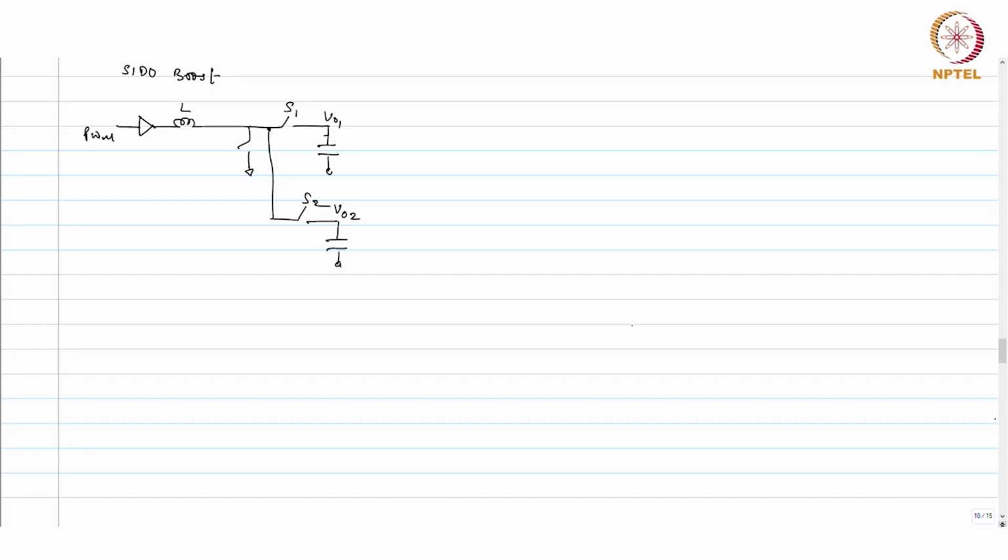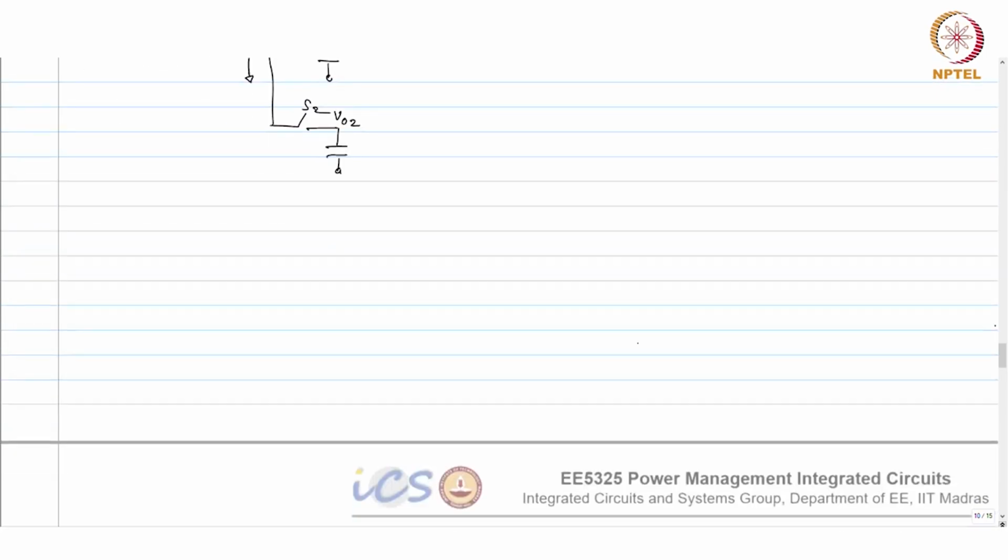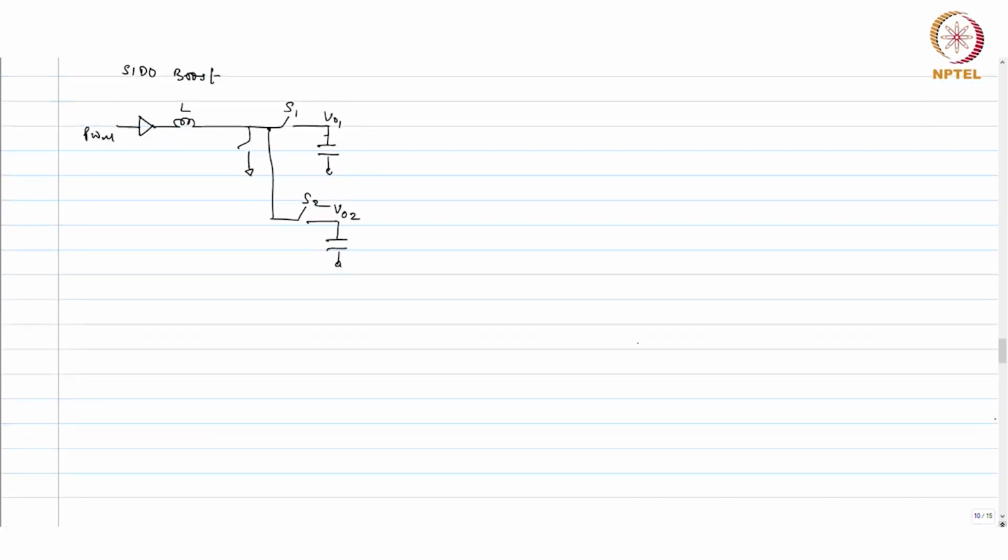And another possibility could be operating at the boundary of CCM and DCM. So in that case the inductor current is continuous, you can say. So what you do is trigger the other phase only when the inductor current goes to zero.